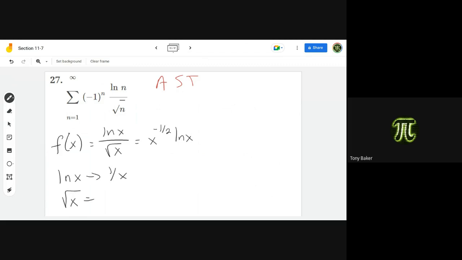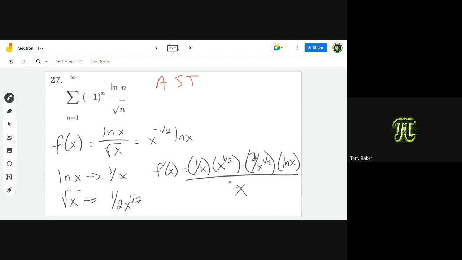Square root of x, which we just did, goes to 1 over 2 square root of x. I just leave it as x to the 1/2. So I have the derivative of the first is 1 over x times x to the 1/2 minus 1 over 2 x to the 1/2 times ln of x, all over x.